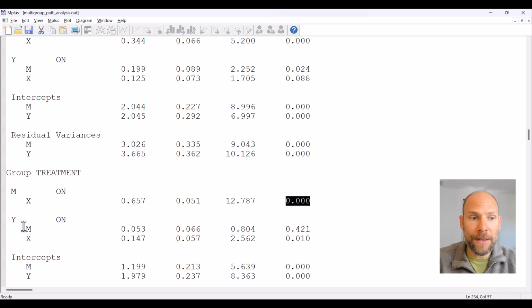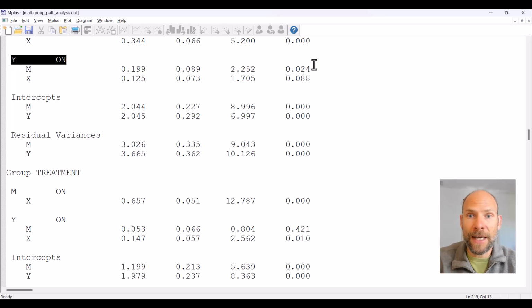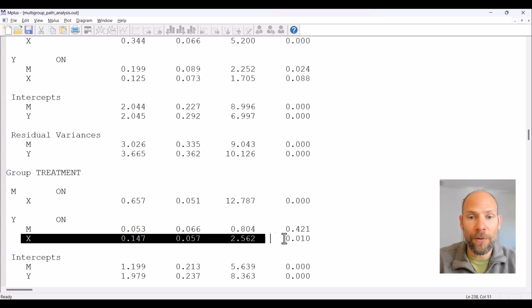Furthermore, we can see that the Y on M path is 0.053 in the treatment group, and that it's not statistically significant. So in that group there may not be a substantial B path, whereas in the control group we did find a significant B path. And then also the C prime path here is 0.147 in the treatment group, and this is statistically significant.